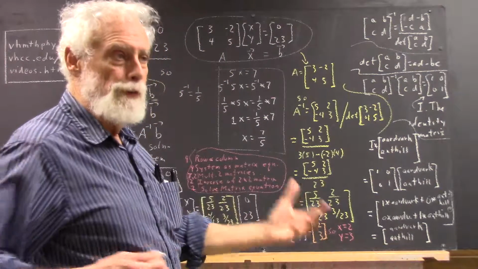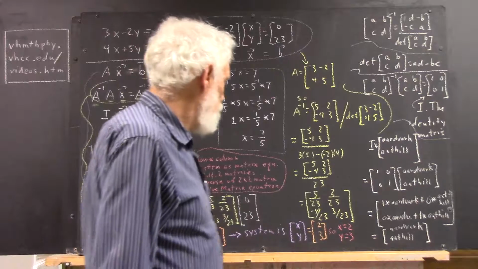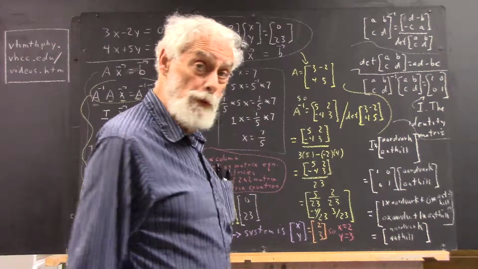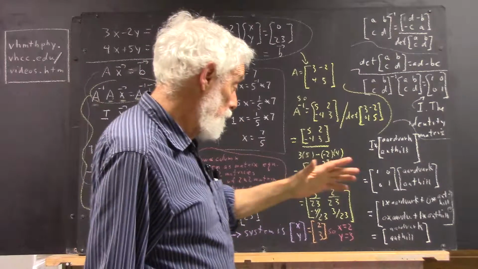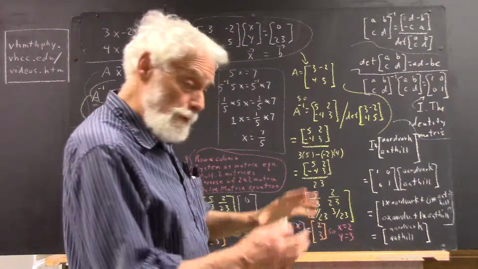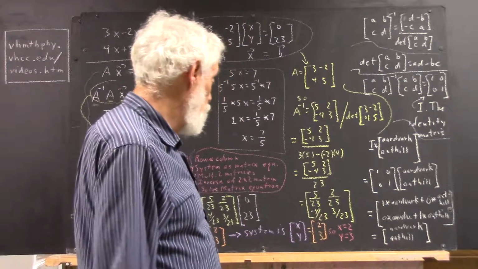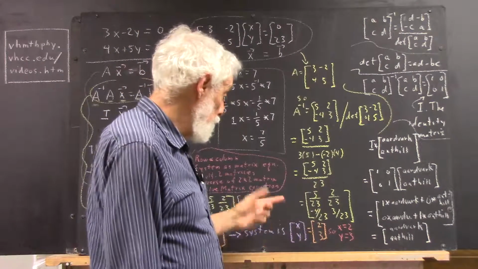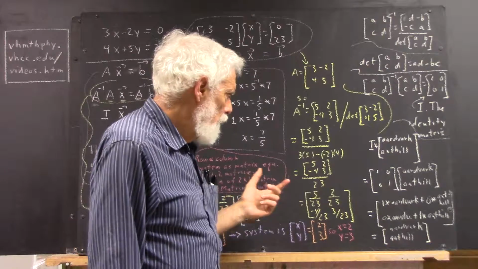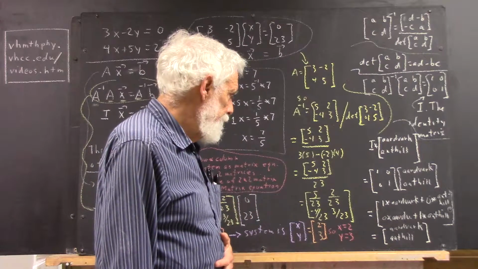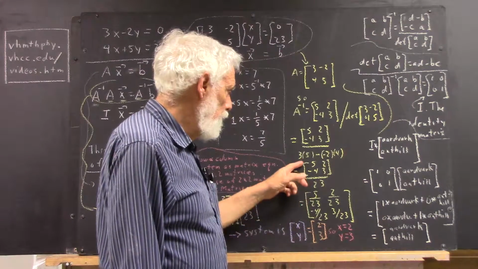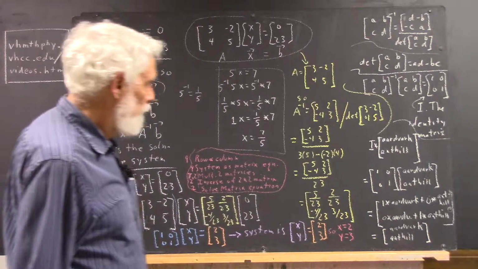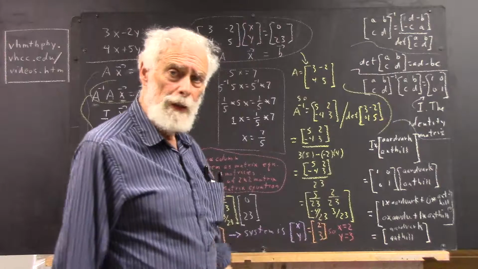Now, since matrices have properties that you aren't completely comfortable with at this point, or probably aren't, I wouldn't be, until I've done 30 or 40, 50 matrix calculations, and you should have done that by now, incidentally. It's not entirely clear how you divide a matrix by a number. I mean, I told you can't divide by a matrix, so why should you be able to divide a matrix by a number?